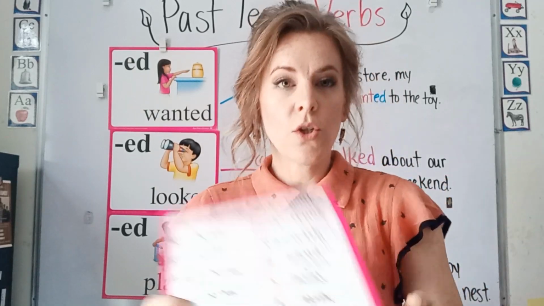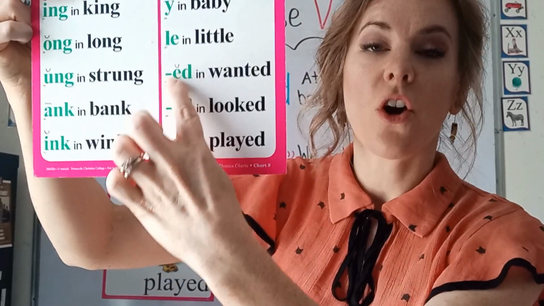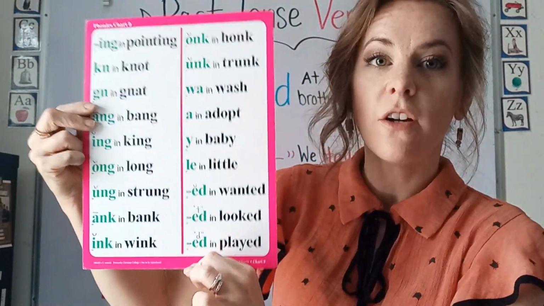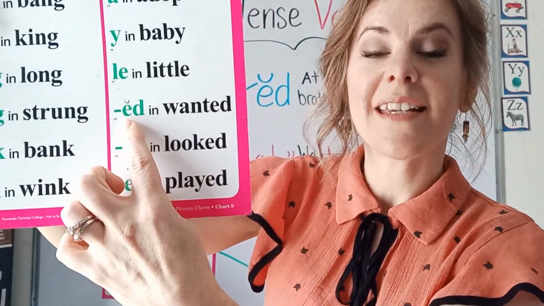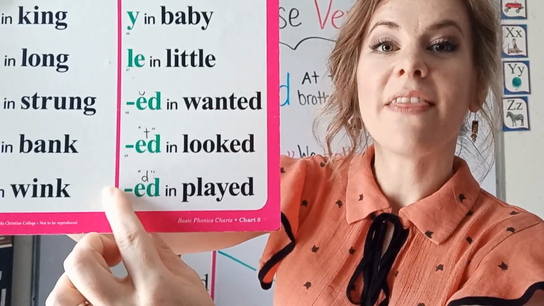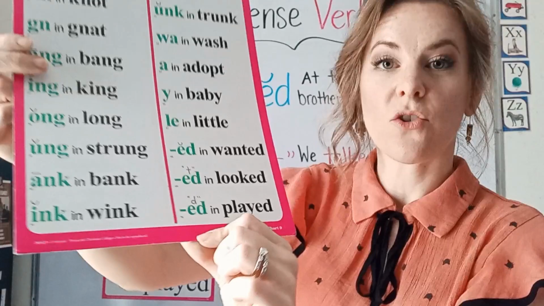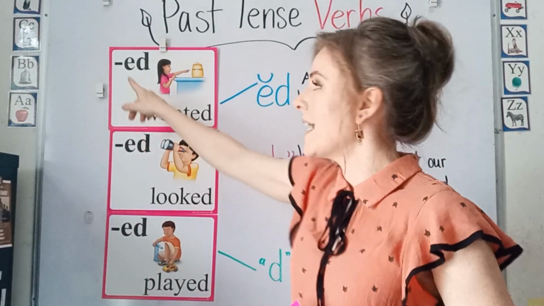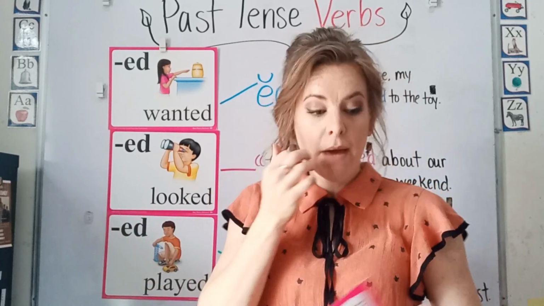So we're going to review. We're going to look at these right here on our charts. This is our special sounds chart. Chart number 9, and here we have the ed in wanted, the t in looked, and the d in played. All three of these special sounds, you spell them ed, but they make different sounds.